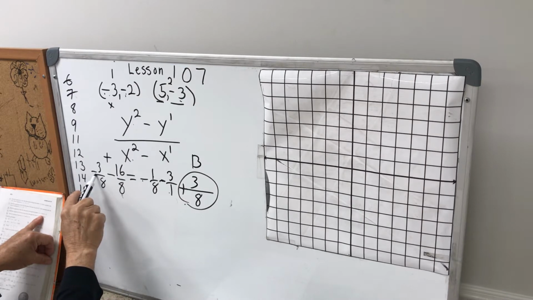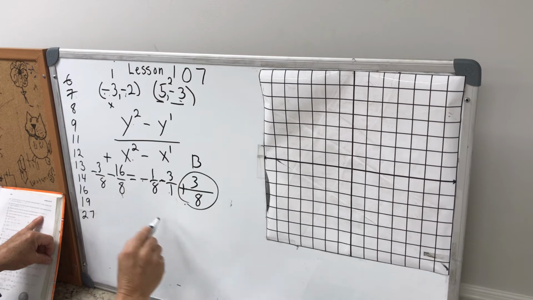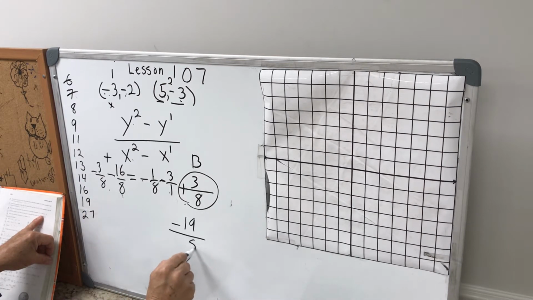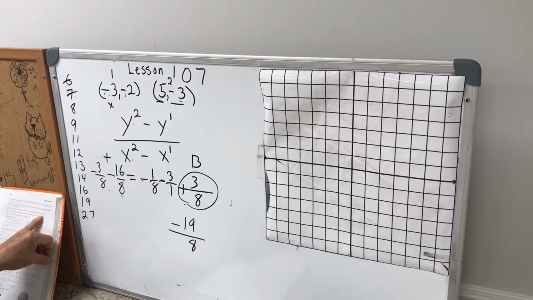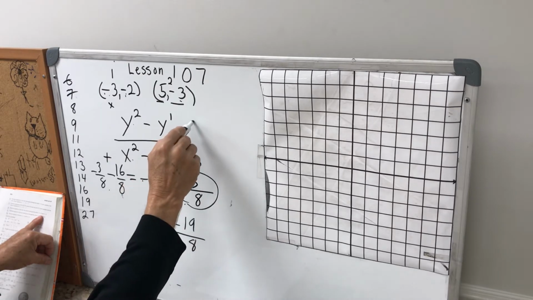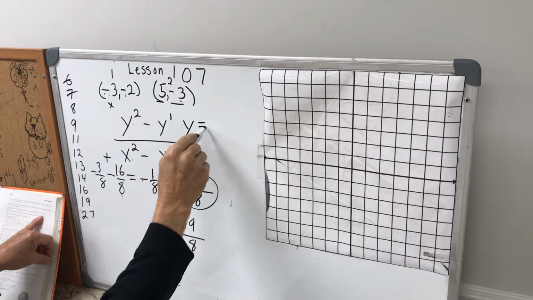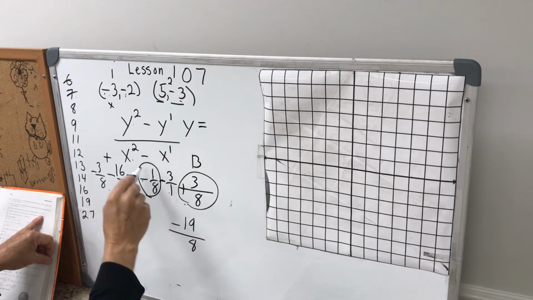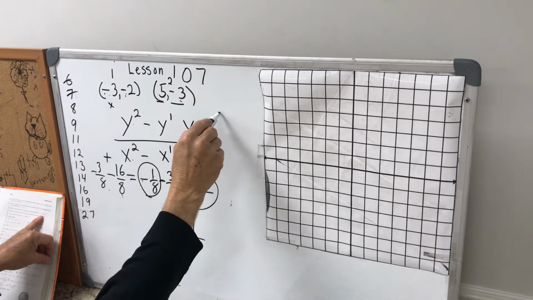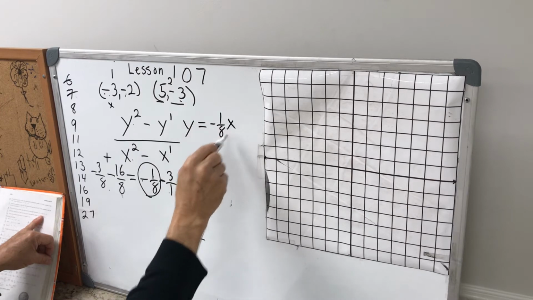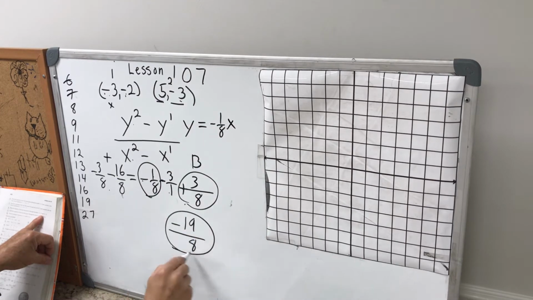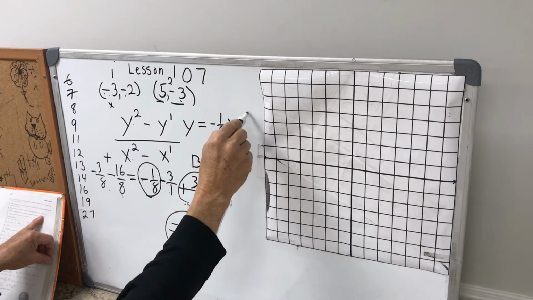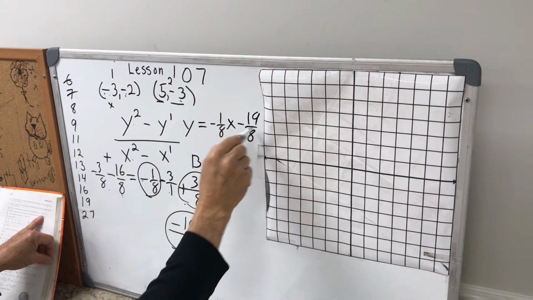Now we have a -3 and a -16, which is a -19 over your common denominator. That is a lot of mixed up numbers all in there, but let me rewrite it, and as I rewrite it, you remember our final equation is y equals, remember this number right here, we had solved for this, -1/8 x, and then we have this final number for the b position, -19 over 8.